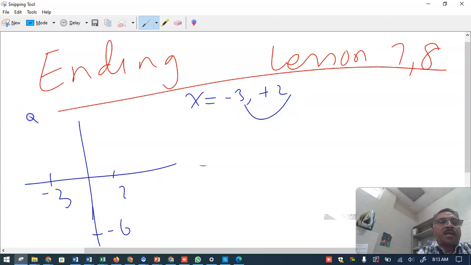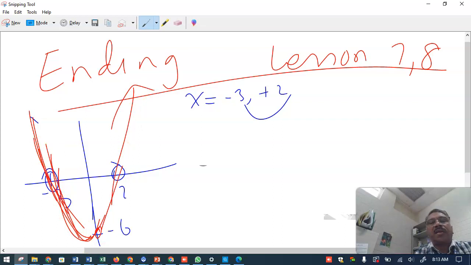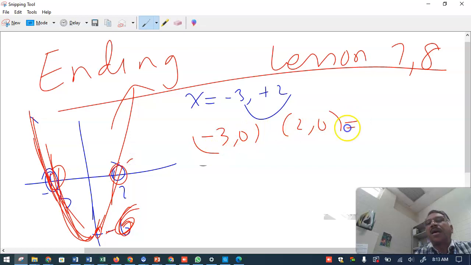So these are the two places where the graph crosses the x-axis, and it's a parabola, something like this maybe. The y-intercept is also minus 6, and the horizontal intercepts you have to write as minus 3, 0 and 2, 0.